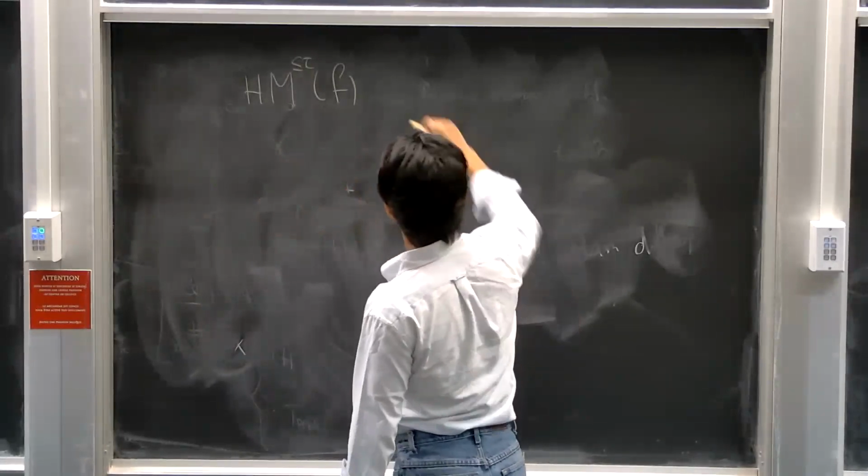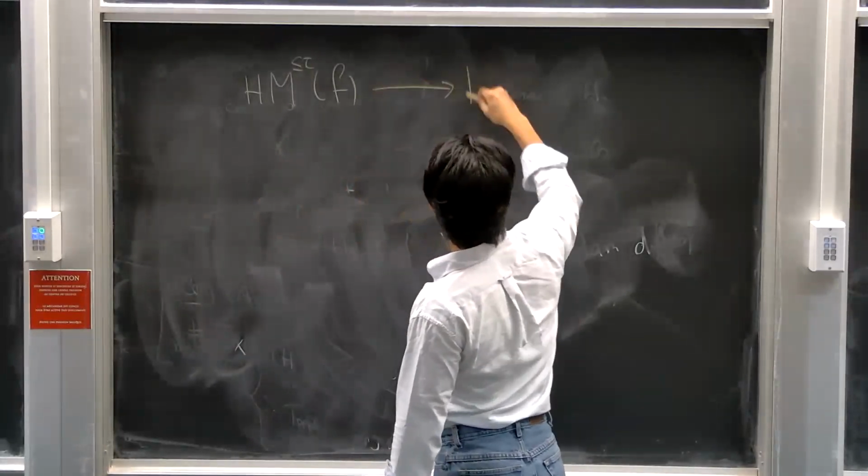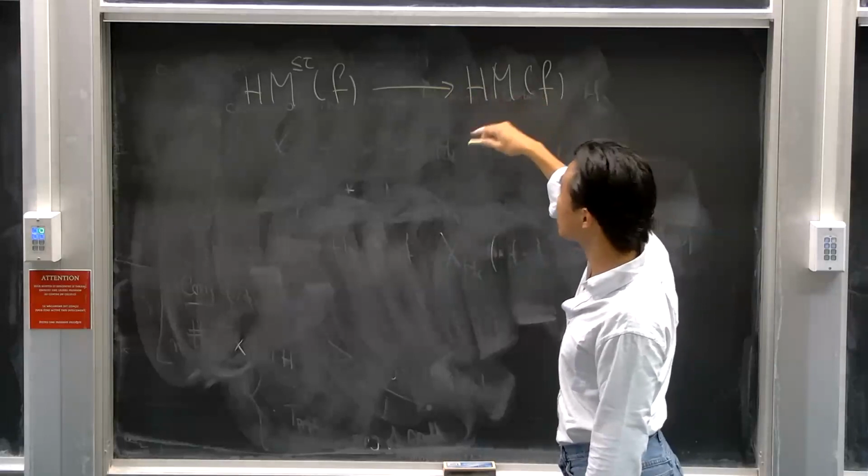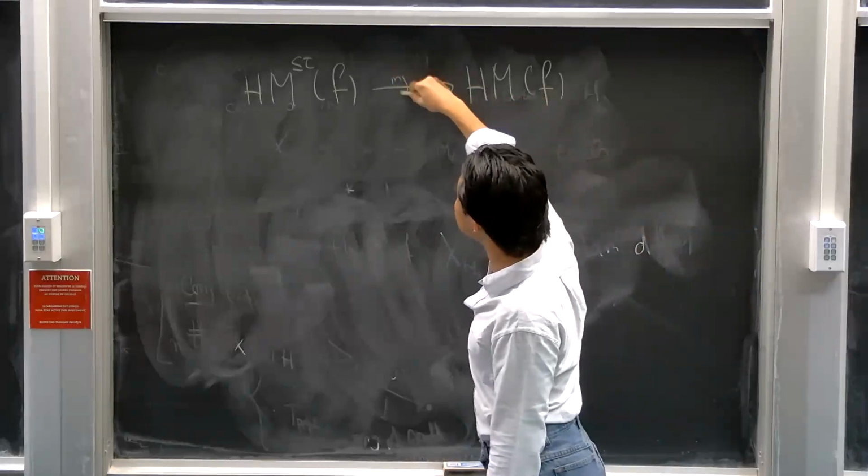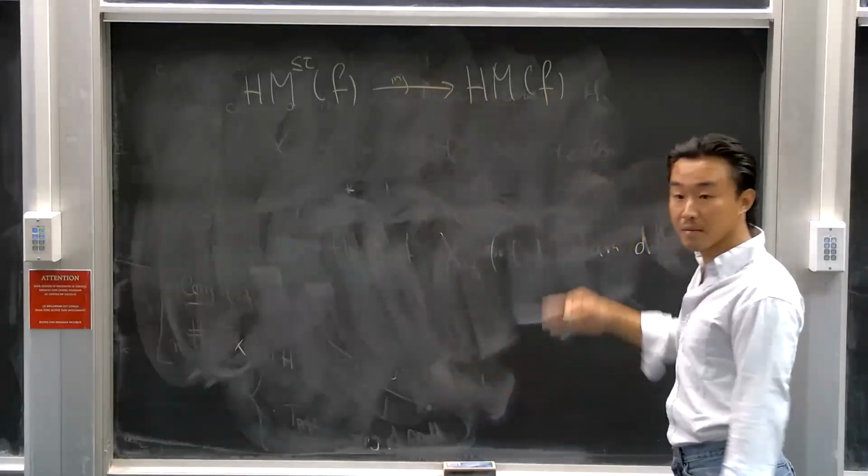That gets mapped to the homology by the map coming from the inclusion.